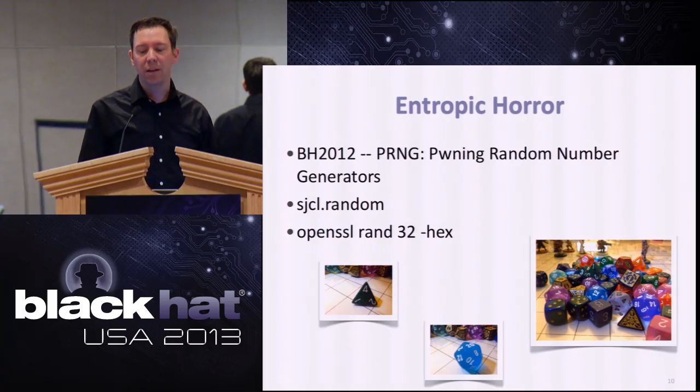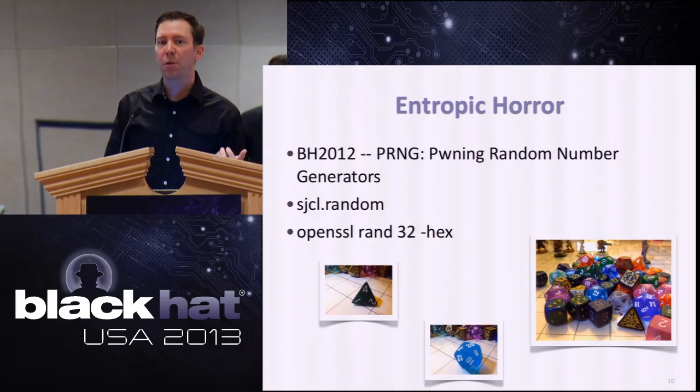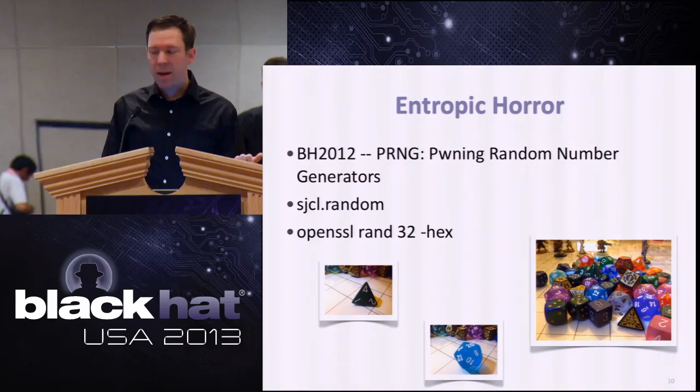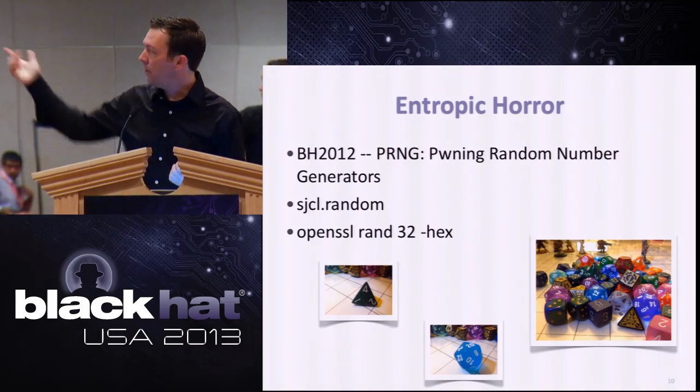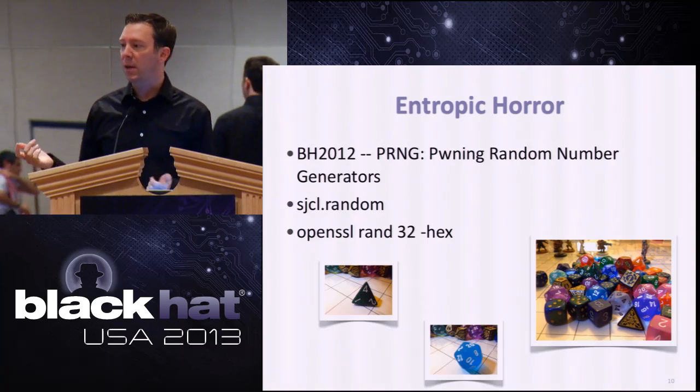Then of course there are things like random number generators. They're always being seeded by simple things like the current date or the process ID. Last year at Black Hat there was a good presentation called Pwning Random Number Generators that was specific to PHP.